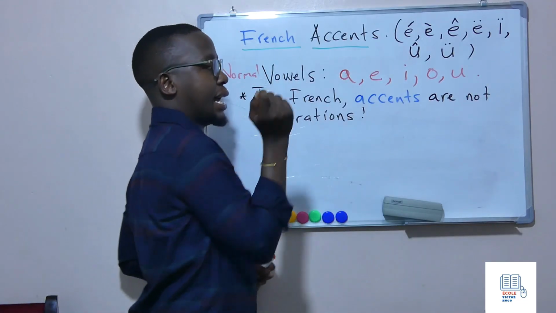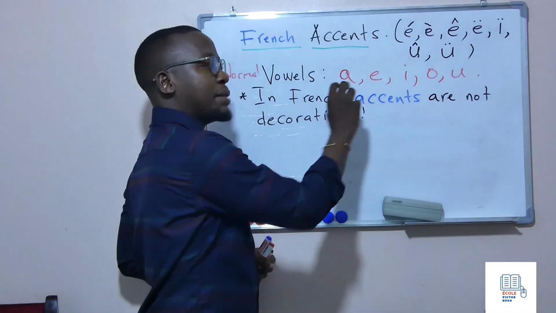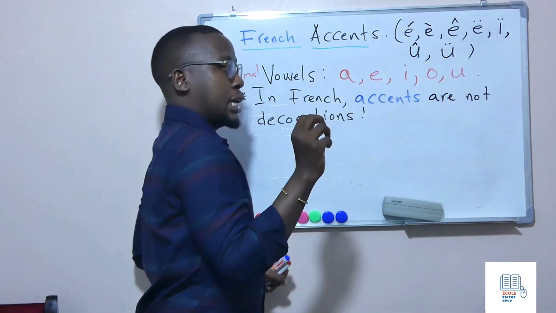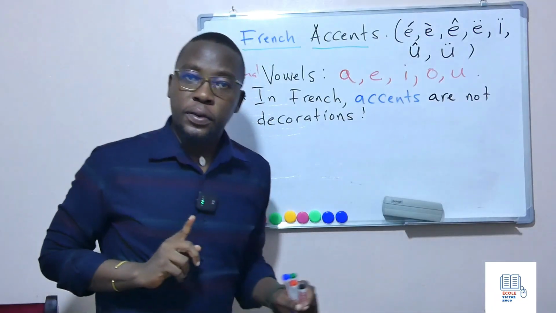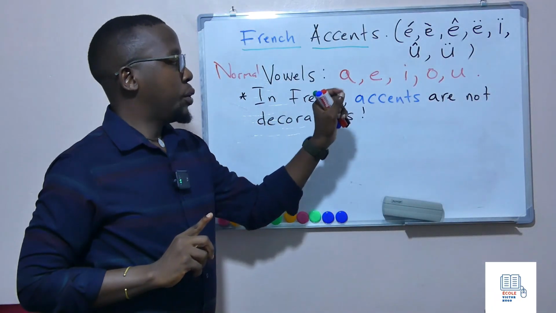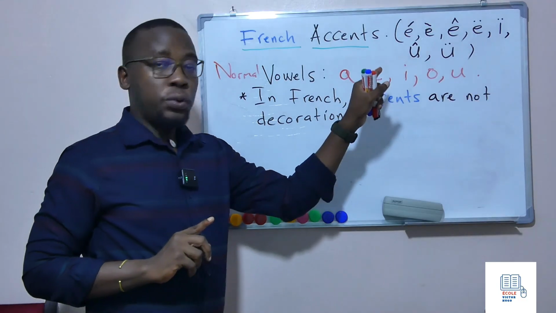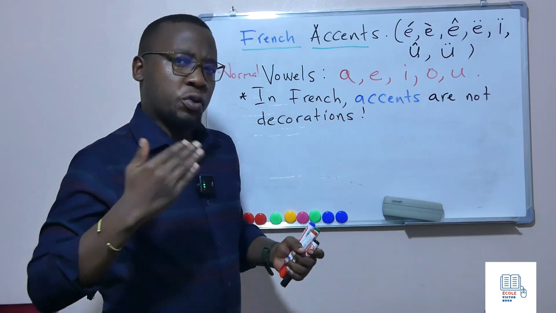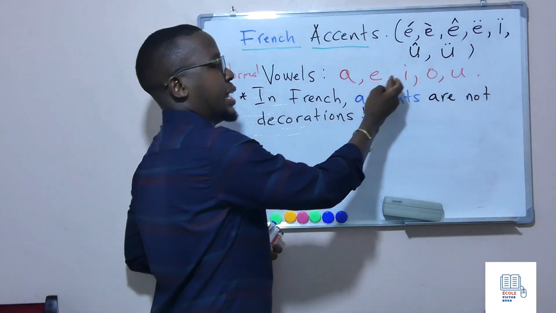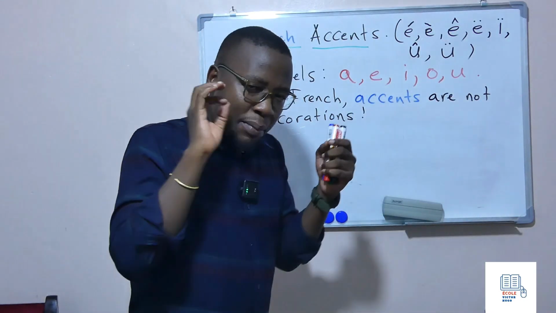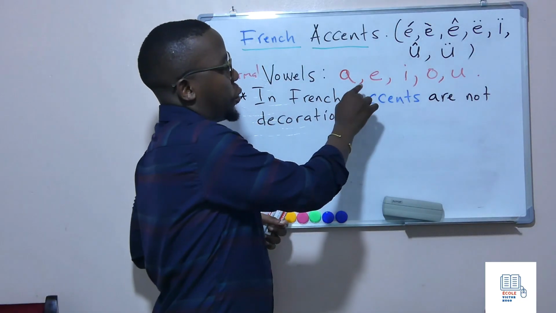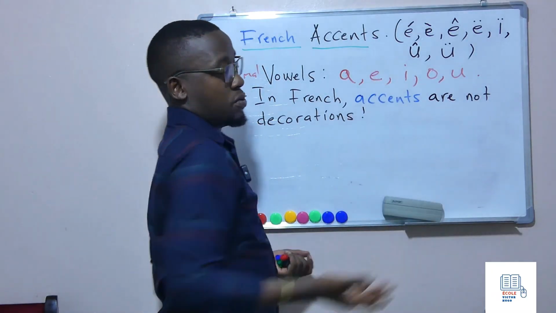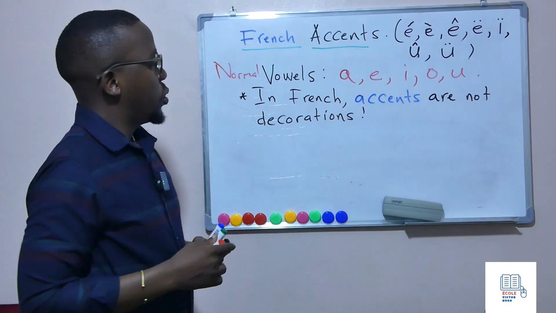In French, they say A, E, I, O, U. And the way we pronounce them in French is closer to how we do it in Luganda, where they say A, E, I, O, U. Not like English. It's different.